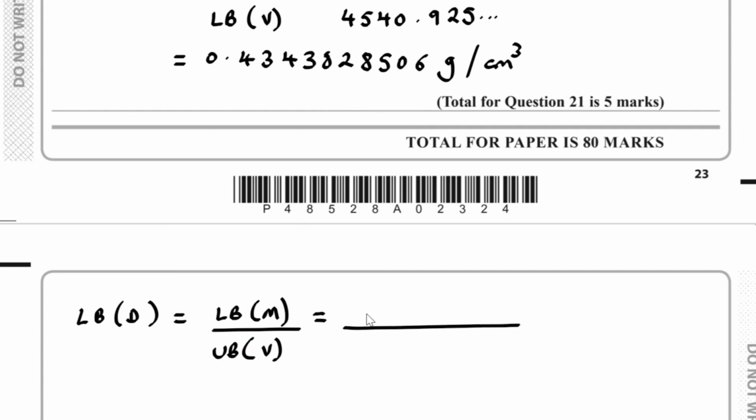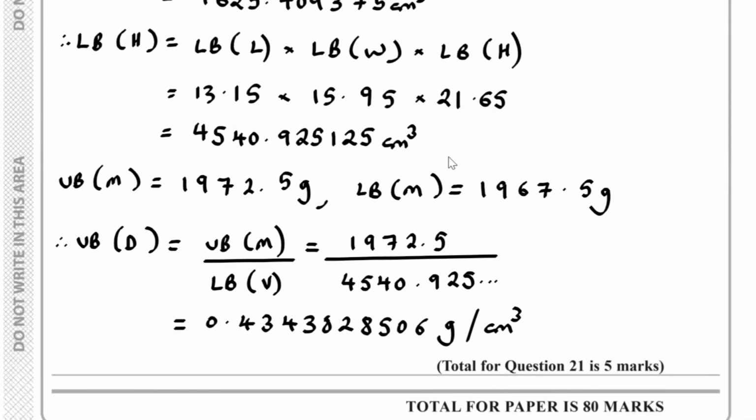So I have 1967.5, and I'm going to be dividing this by the value here.